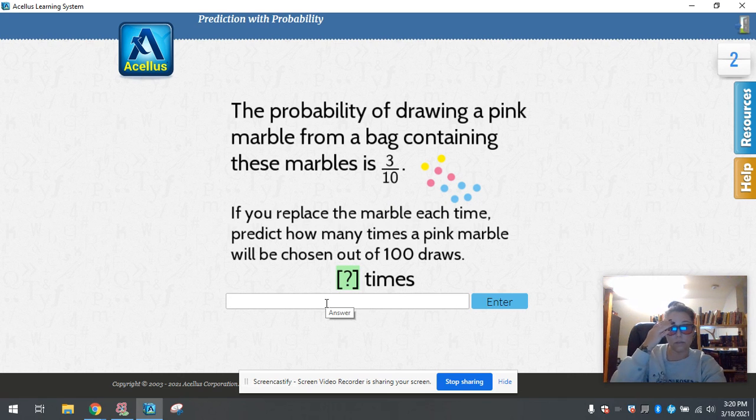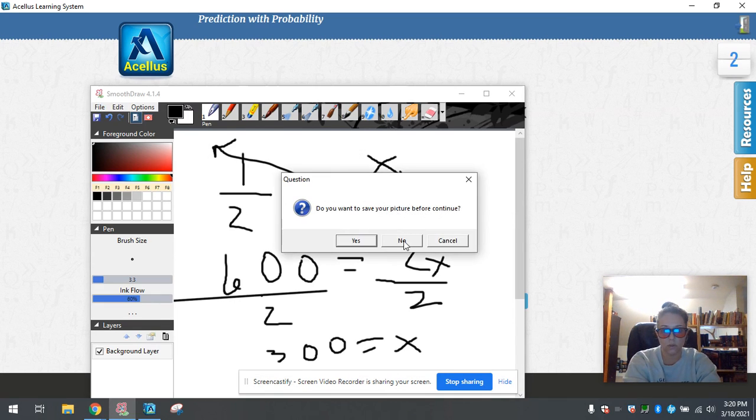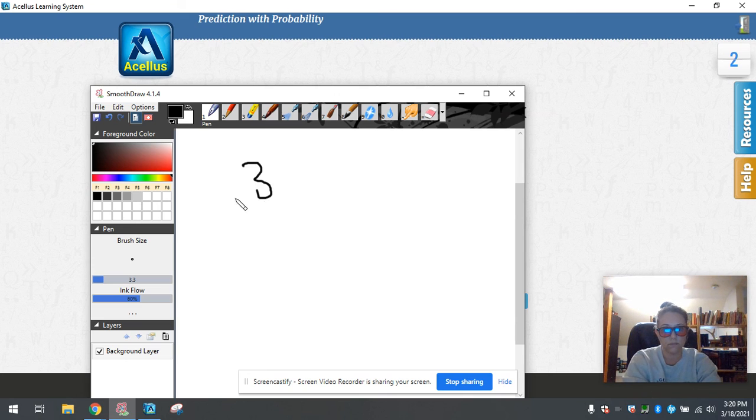The probability of drawing a pink marble from a bag containing these marbles is 3 out of 10. If you replace the marble each time, how many times will a pink marble be chosen out of 100 draws? So 3 out of 10 equals what out of 100?